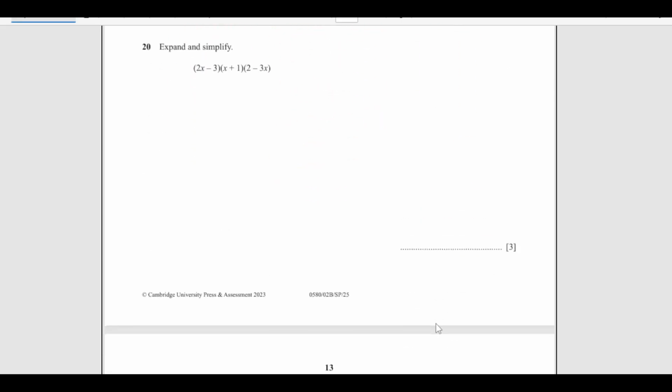Now number 20, expand and simplify. We are just going to expand the brackets, nothing else, but be careful, there are 3 brackets here. So first of all, I will expand the first one. So this is 2x squared plus 2x, then minus 3x minus 3. This remains as it is, as we have not done anything to this yet. So this is 2x squared minus x minus 3, and then we have 2 minus 3x.